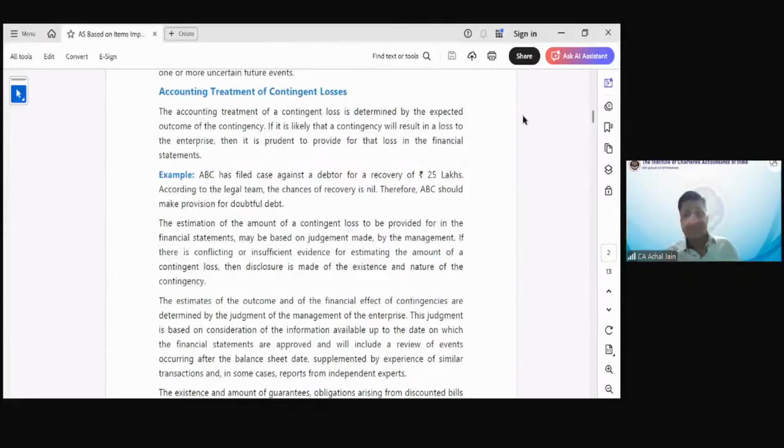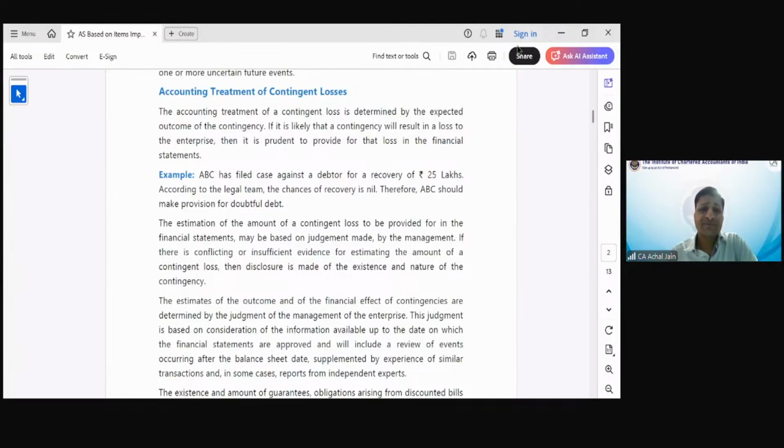Correct? That is completely dependent on the discussions which are going to take place. So that's how the entity will be dealing with this on the basis of various discussions, on the basis of maybe the litigation, if they really get into a litigation. The outcome of that will decide whether this money will be recovered or not, and whether this money will be fully recovered or only partly recovered, right?